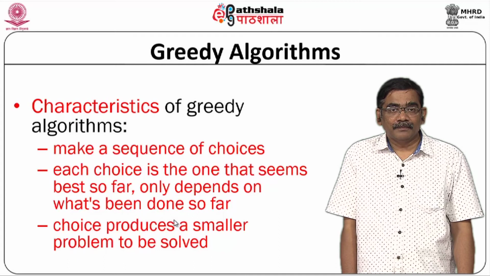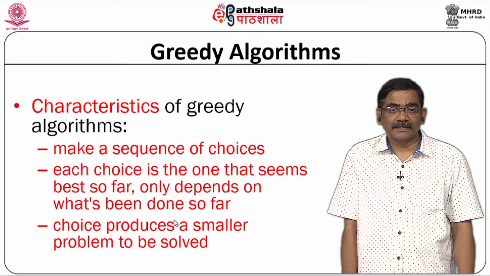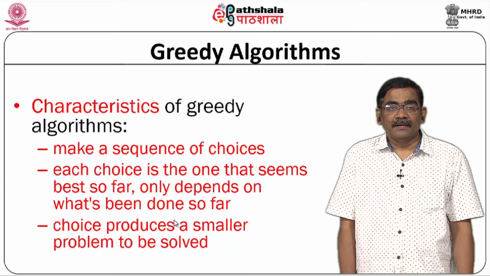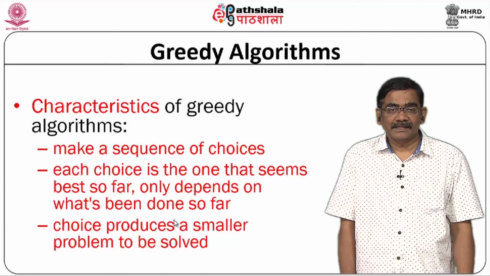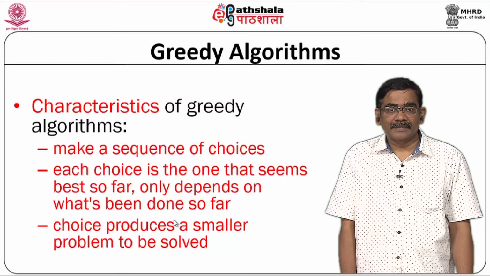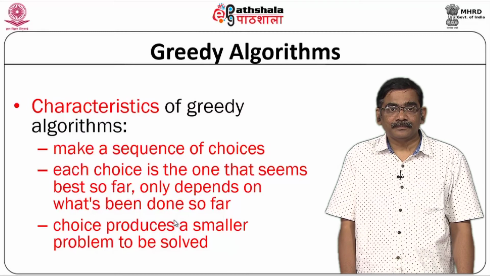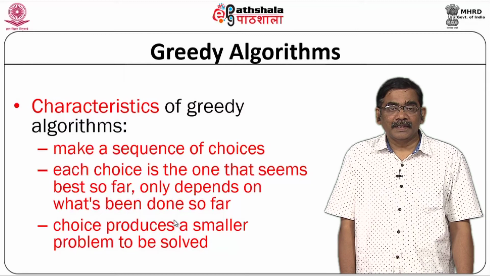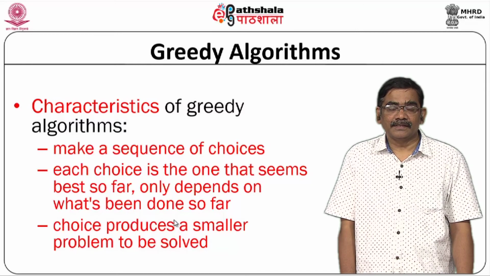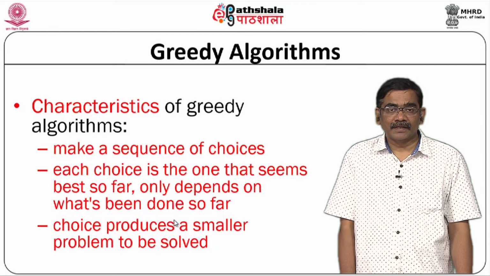There may be multiple choices, and all the choices form a sequence of choices. That means I have to take a decision at the various stages. Then each choice should be the best choice. This is how the name of the greedy approach evolved.